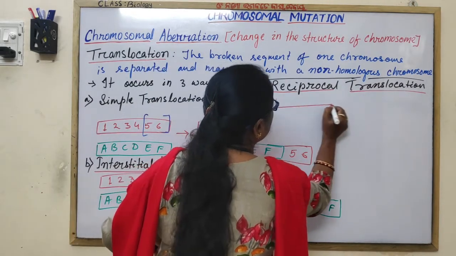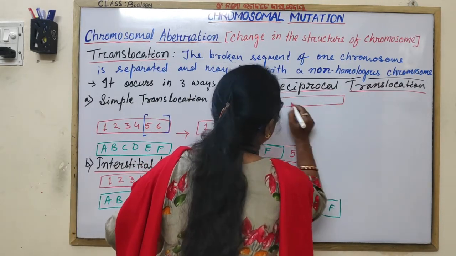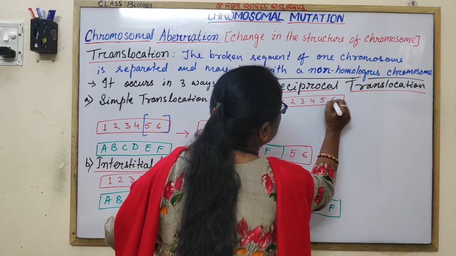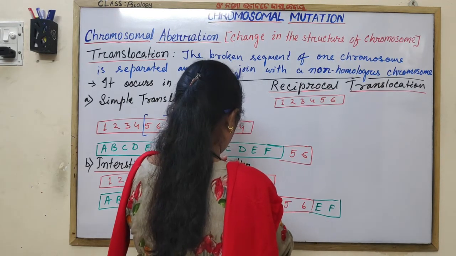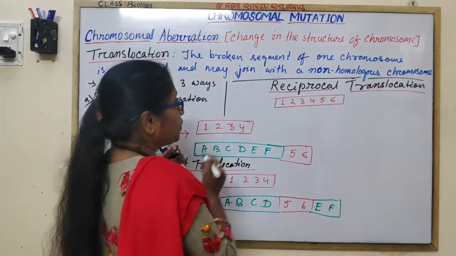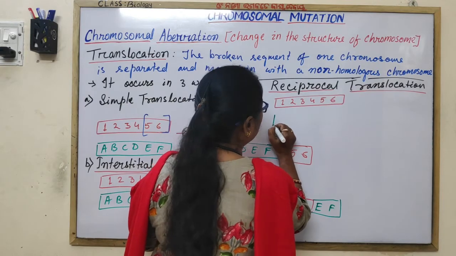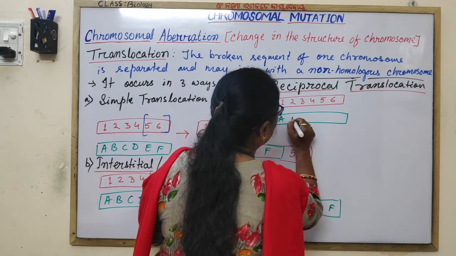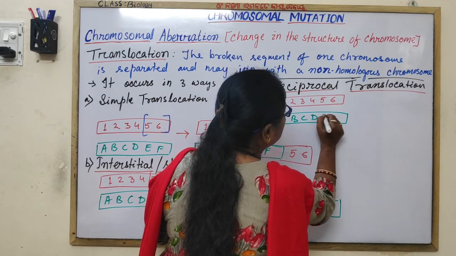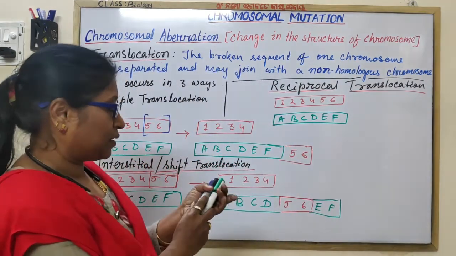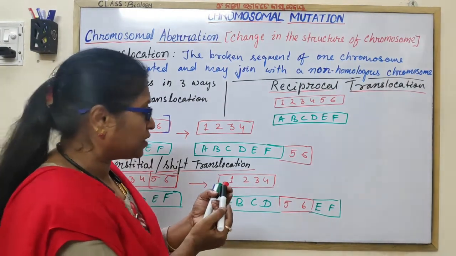Suppose this is 1, 2, 3, 4, 5, 6. It is one chromosome. Another, non-homologous chromosome is A, B, C, D, E, F. The exchange of segments occurs between the two non-homologous chromosomes.